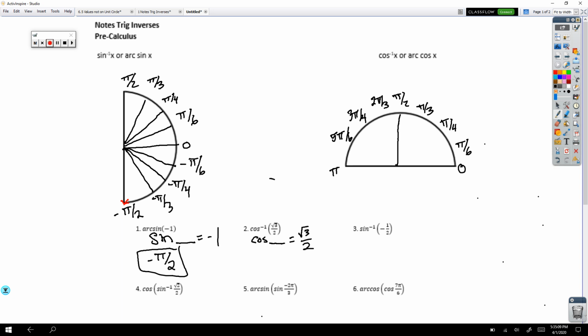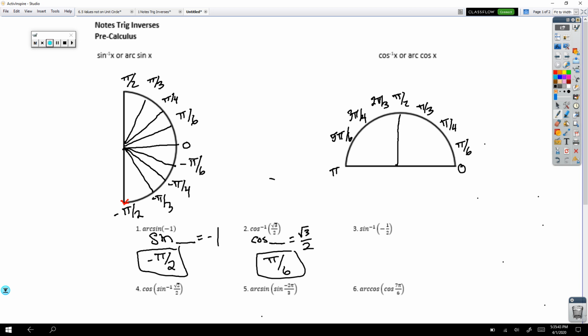So again, looking at my top half of the unit circle, an x value of square root of 3 over 2 would go with pi over 6. So my answer here would be pi over 6. Again, to reiterate what we're doing here, it's giving me the x or the y value and asking me to find what radian measure goes with that x or y. That's all finding the inverse is.